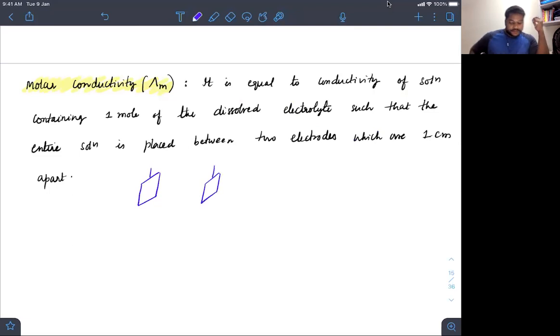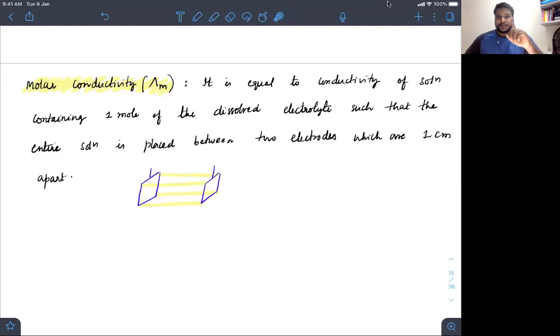So there are 2 electrodes here, and the distance between them forms some kind of a cuboid, right? Now this entire volume covered is where we expect the ions to be.